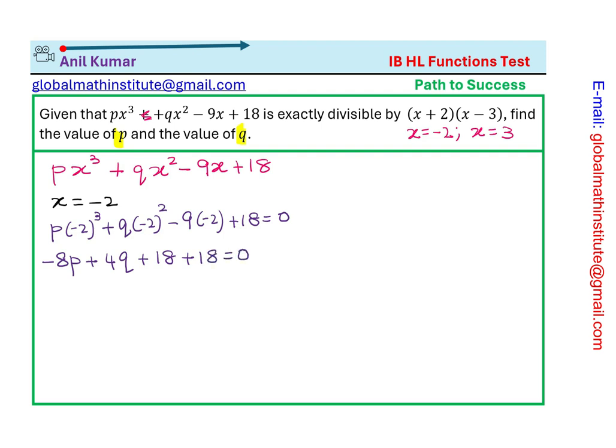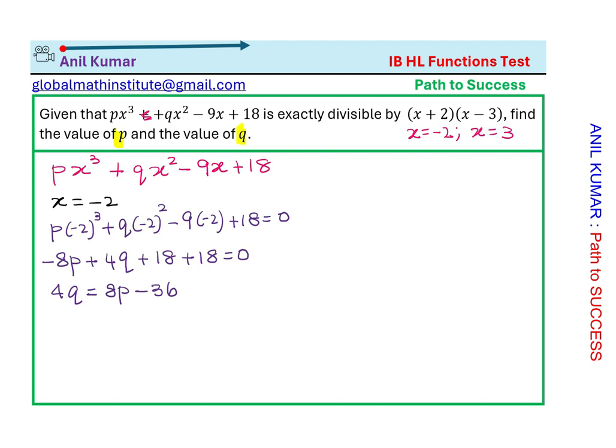Now, we can actually write one term in terms of the other. So let's do it. We can write 4q equals, taking this on the right side, we get 8p. And 18 and 18 is 36, so I'm writing minus 36.